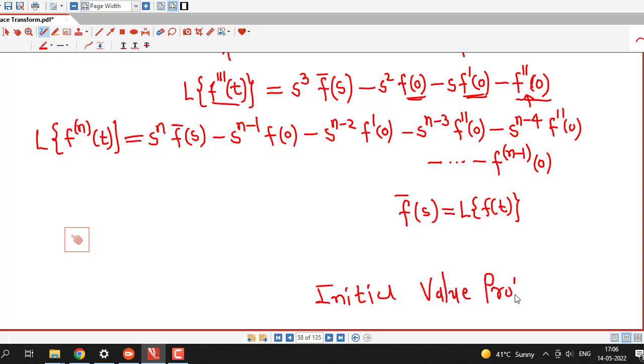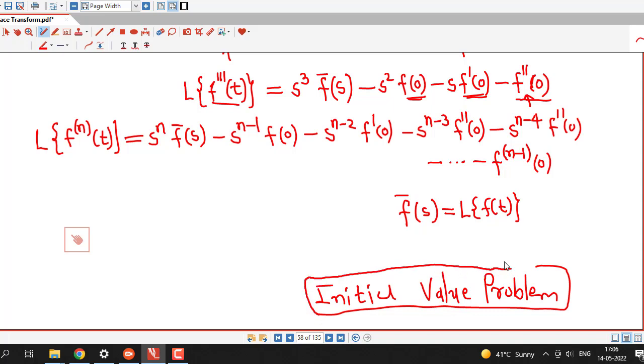For that we first have to discuss the inverse Laplace transform, and then we will go for initial value problems, and at that time we will require this formula, the Laplace transform of the derivative of a function.